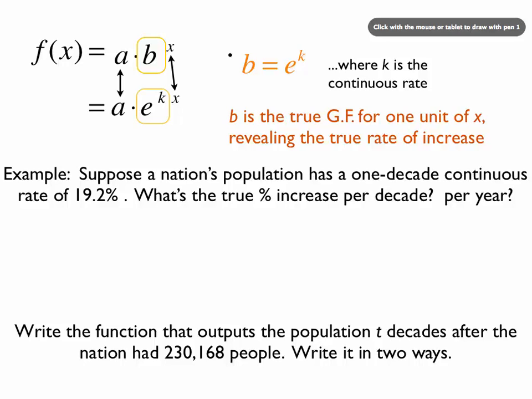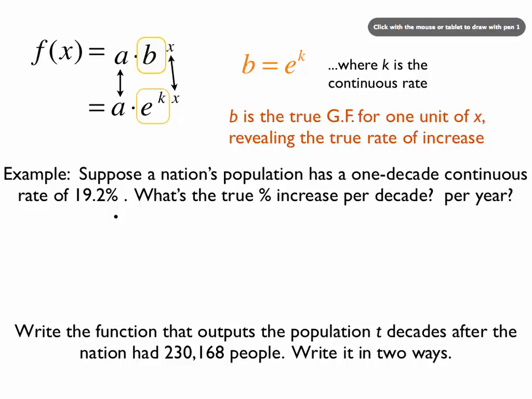Jonathan, did you make progress on this? What'd you say? So what, of all this stuff up here that I've got, what is the 19.2%? Is it F, X, A, B, E, K? What is the 19.2?